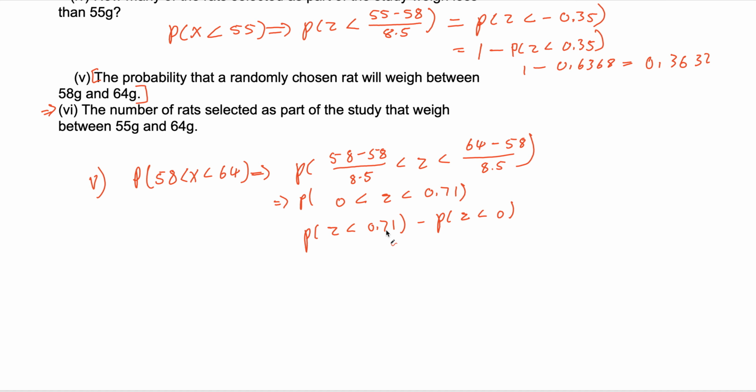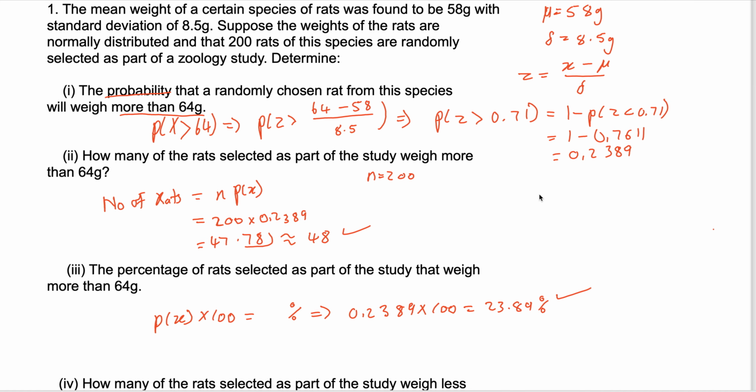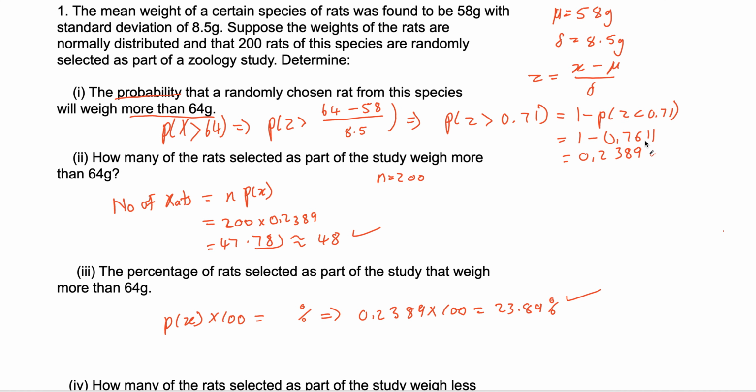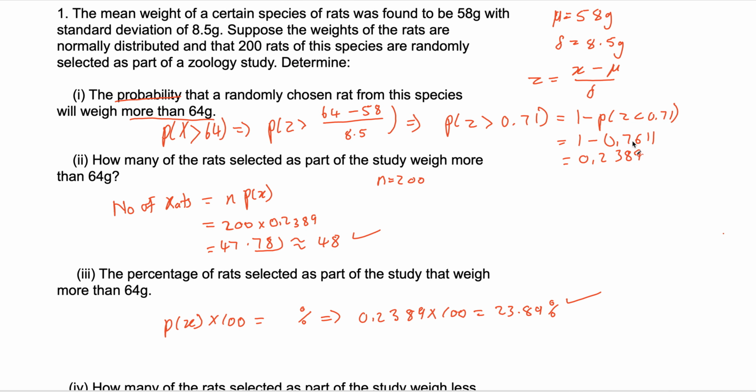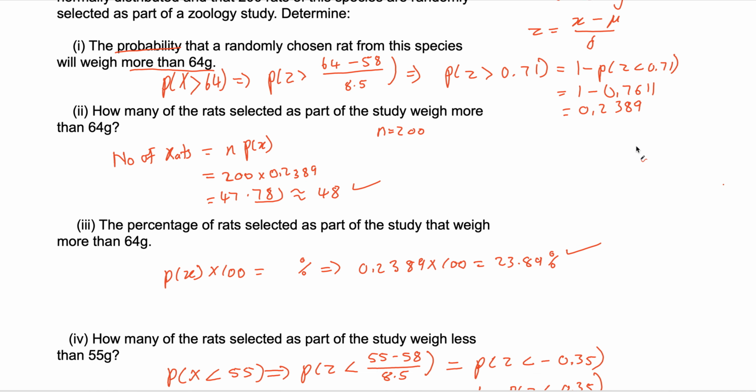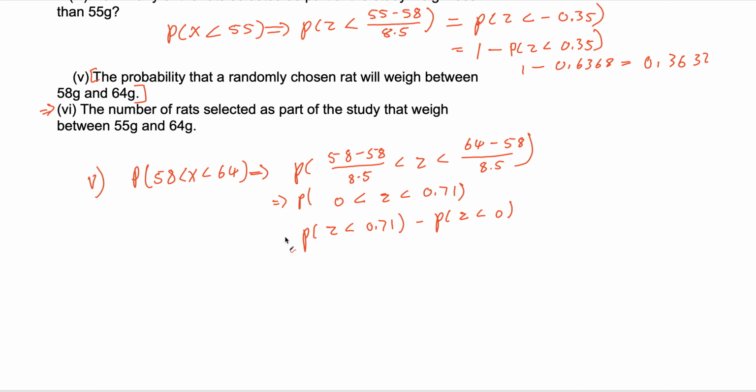So we know that this one will give you exactly that number, 0.7611. So we have 0.7611 minus this one, we know it's 0.5.